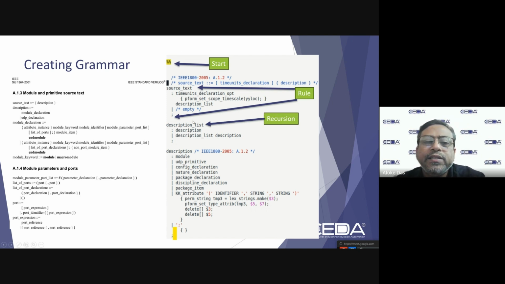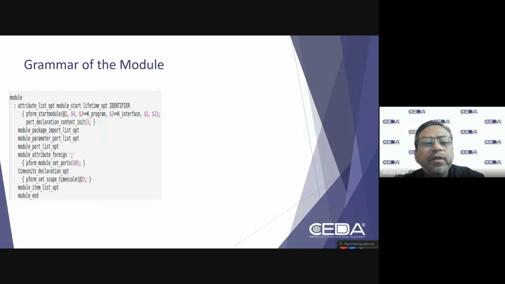This technique is called recursion, and by this we can create one or more occurrences of something, and these are called items, which could be any of the list. In this list there could be different types of items, and you have to list them using or. Or means this may be there, or this may be there, and also there could be module or UDP. Anything is fine. This is how it works.